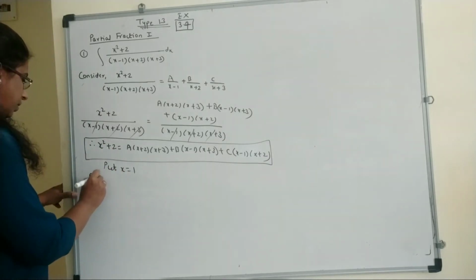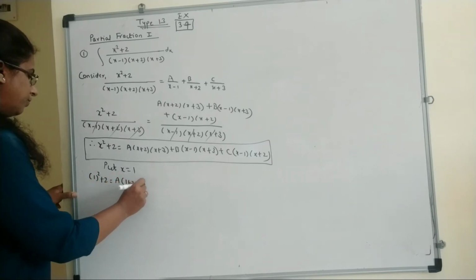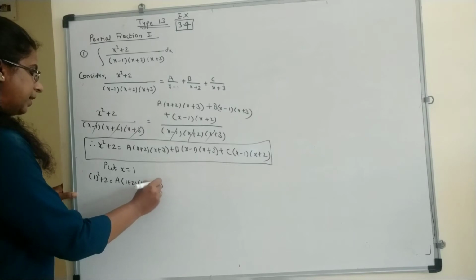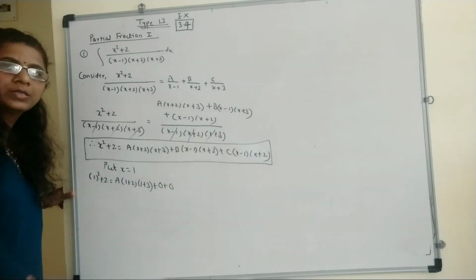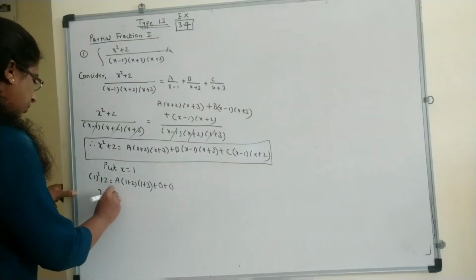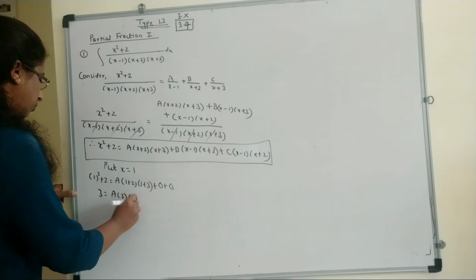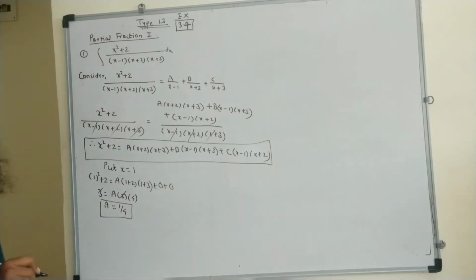So this is 1 square plus 2 is equal to a into bracket 1 plus 2 into 1 plus 3. Second and third terms: 1 minus 1 is 0, so they are 0. So 3 is equal to a into bracket 3 into 4. 3 cancels, so we get a as 1 by 4.